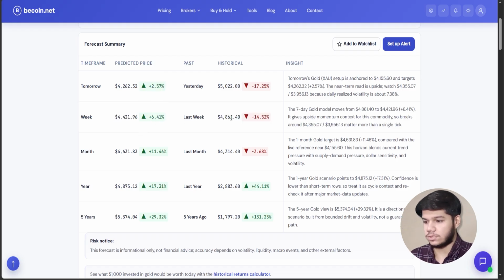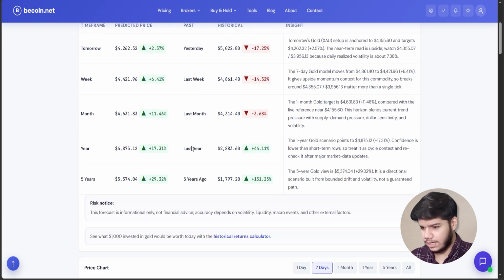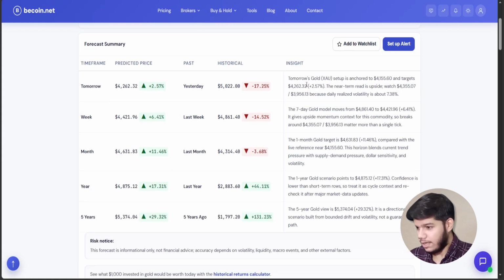6.41%. The last week was 48.61. The monthly price is also listed right here. The yearly price is also listed, and 5-yearly as well. Here you can see the insights written for tomorrow's gold setup. You can read all of this, and it's very necessary if you go through commodity tracking, because it's super important data.